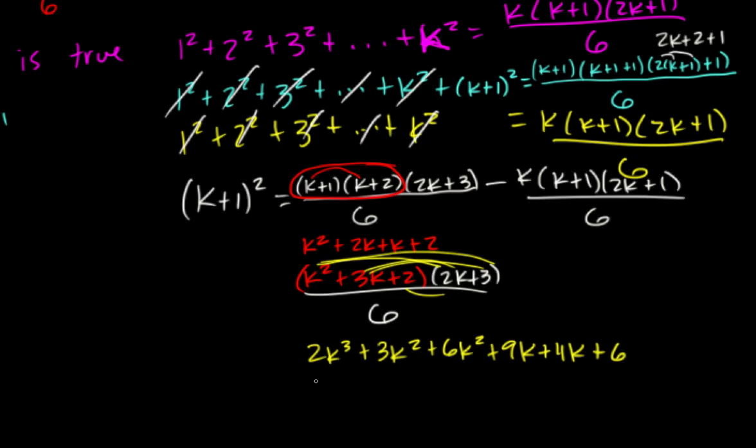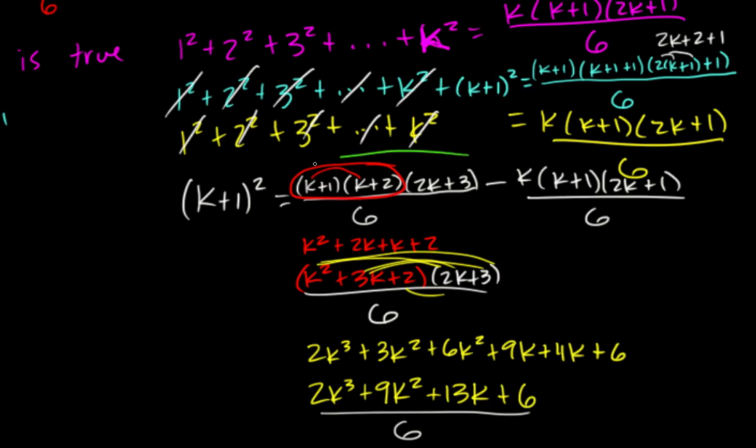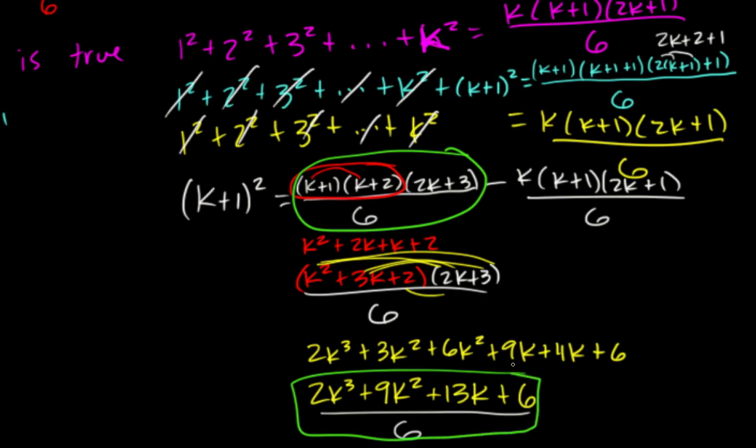And then if I simplify that, 2k cubed, these two add to make 9k squared, 13k plus 6. Alright, and then that's still just over 6. Okay, so what I did, I simplified this into this.